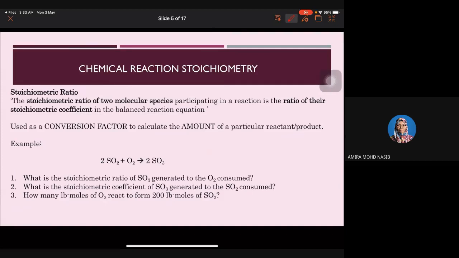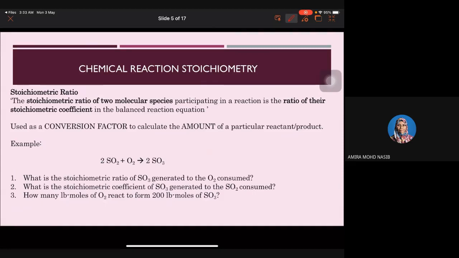All right. Next, we also have the stoichiometric ratio. It represents the ratio of stoichiometry between two molecules, two species or two reactants in your reaction.